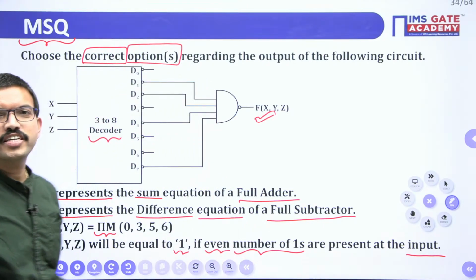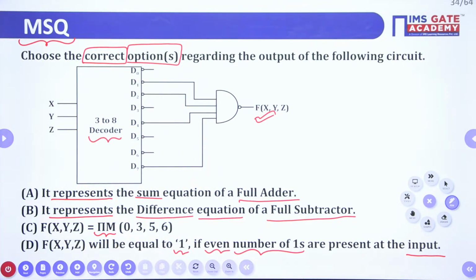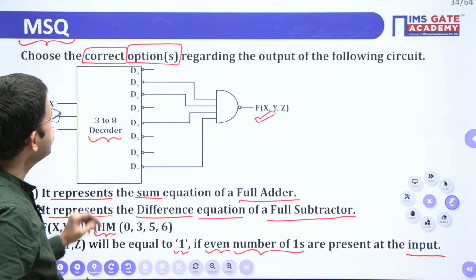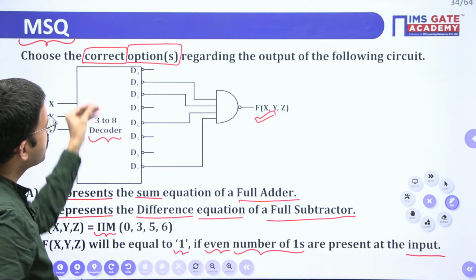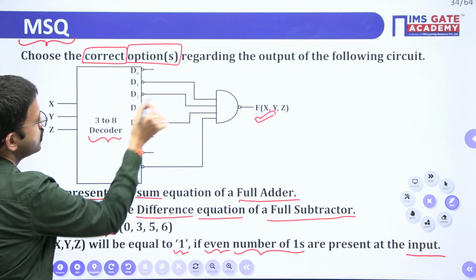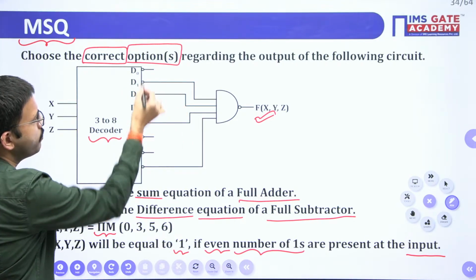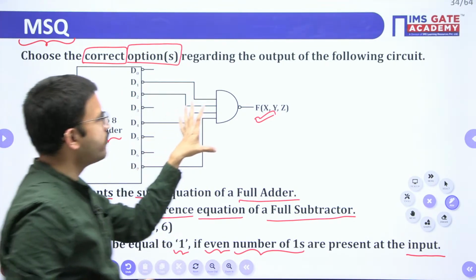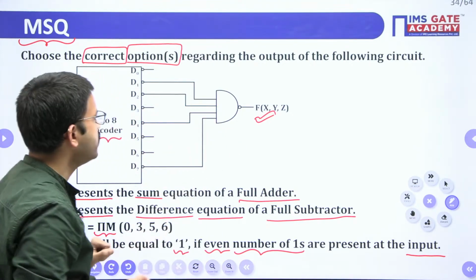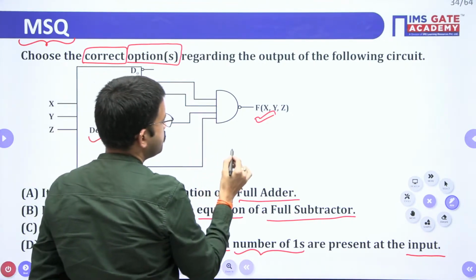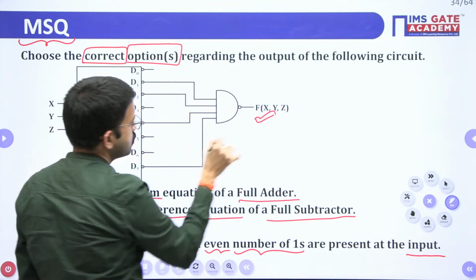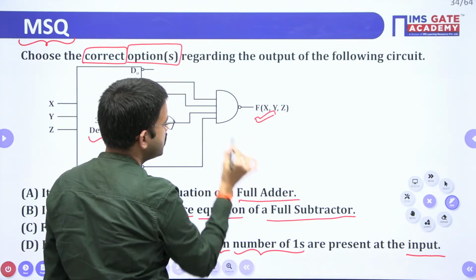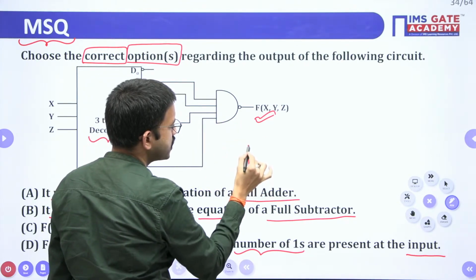Yes, very good, Savik, excellent. See here, you're having a 3-to-8 decoder, and instead of direct outputs they have mentioned bubbles, and here you're having a NAND gate. I'm just redrawing this, considering the NAND gate.